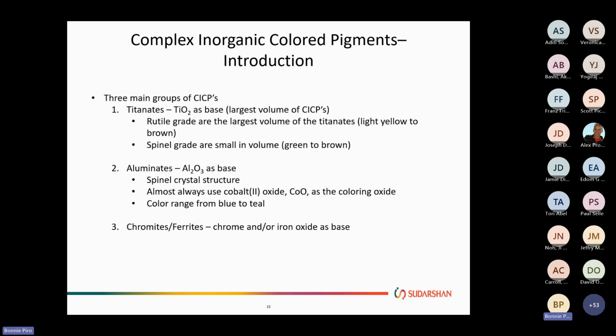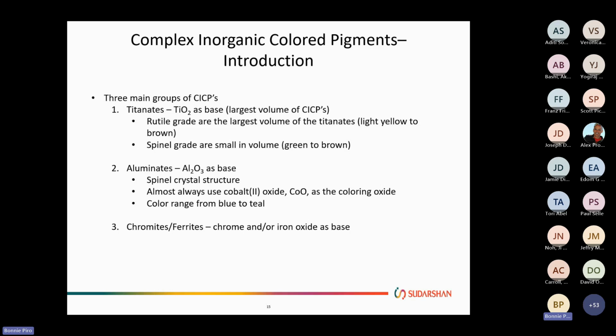Aluminates are in the spinel crystal structure category. You'll know these more as the cobalt blues, cobalt greens. Typically, cobalt is the coloring oxide, and these range from blue to teal and green.